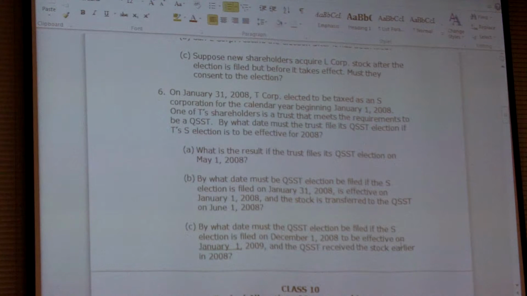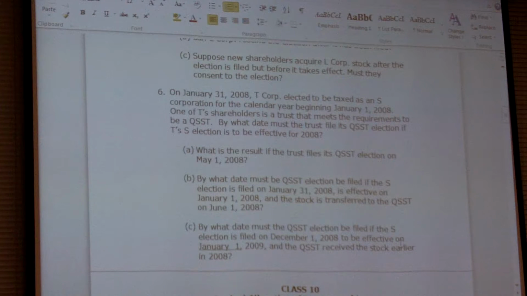And if it's retroactive to June 1, then it's an eligible shareholder. If you made that election late, then what would happen is it wouldn't be an eligible shareholder and it would own S corporate stock. Termination. Your S corporate election is terminated because your S stock is owned by an ineligible shareholder.